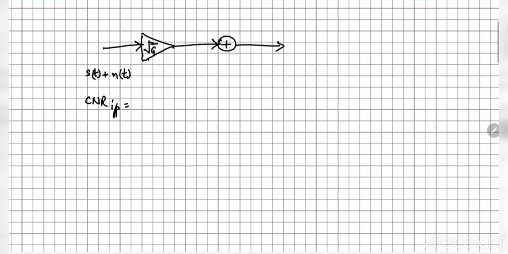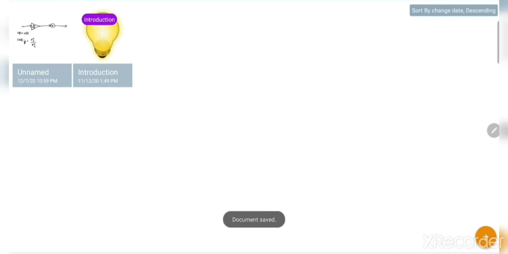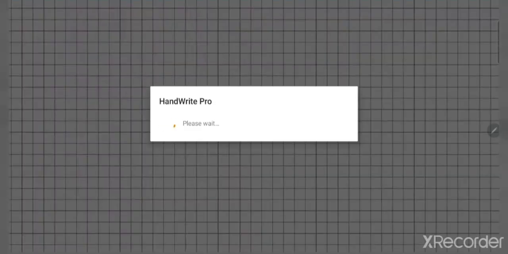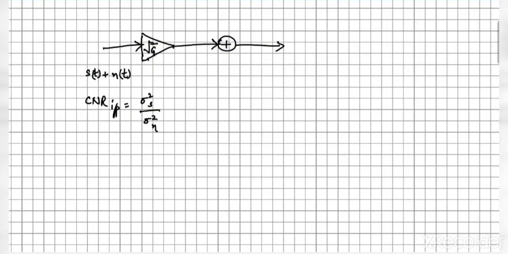it is the power of the signal, which we label here as sigma square S, divided by the power of the noise, which we label here as sigma square eta. So this will be the CNR at the input. Now, after multiplication with this factor, we will have here a signal which is under root G times S of t plus under root G times eta of t.